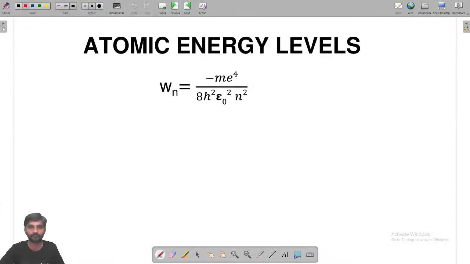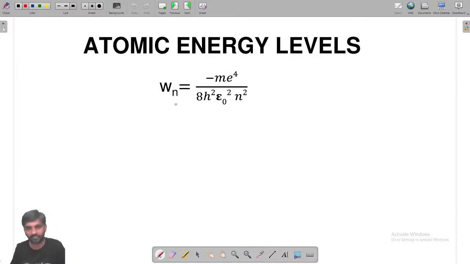Okay. Now from previous discussion, what we have done, sir? The energy of electron is going to be minus m e power 4 by 8 h square epsilon naught square n square. Here m is constant, e is constant, h is constant, epsilon is also constant. All these constants we have applied.